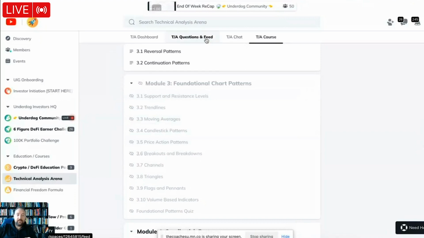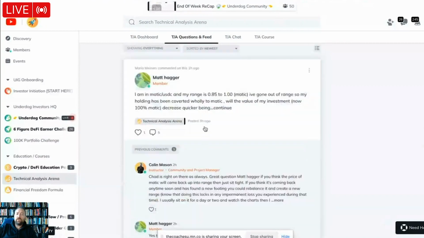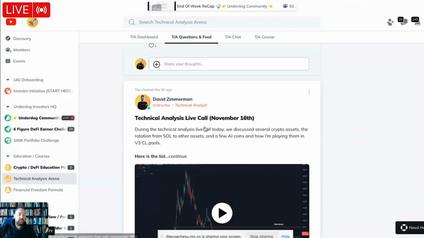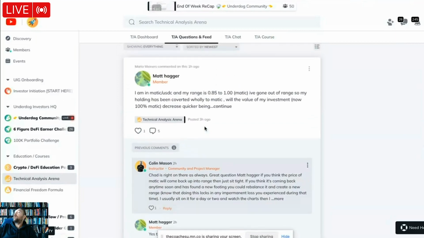What I'm excited to see inside the feed, there are already really good questions with ranges and all that, but I'm excited to see people draw all over their own charts and start looking at their own charts and share. Here's what I see. What do y'all see? And it'll be cool to start having those discussions. I think it's going to be pretty cool.